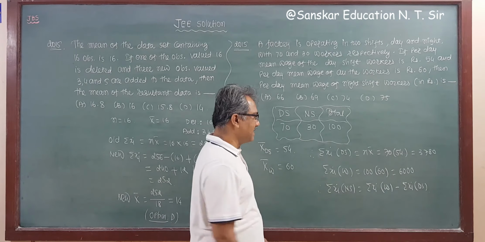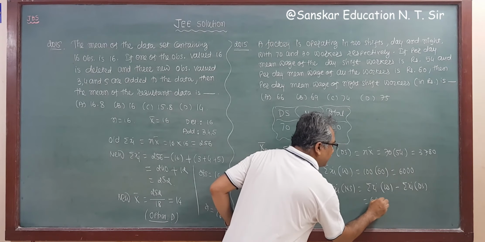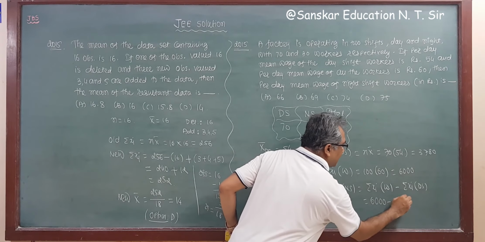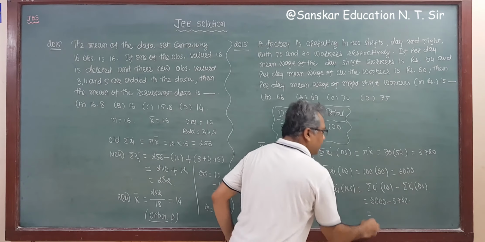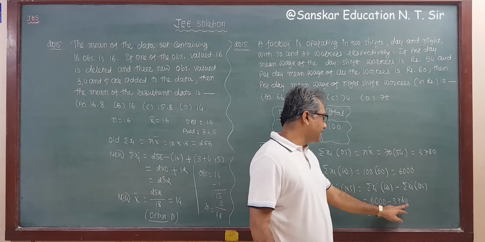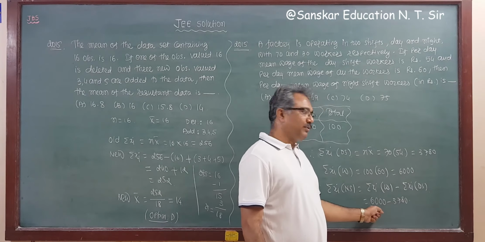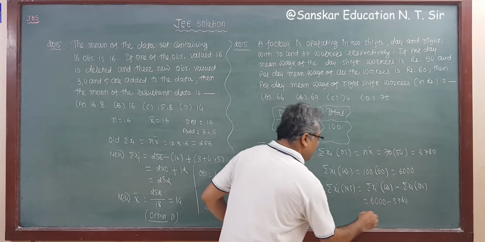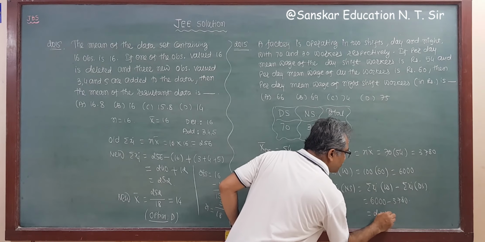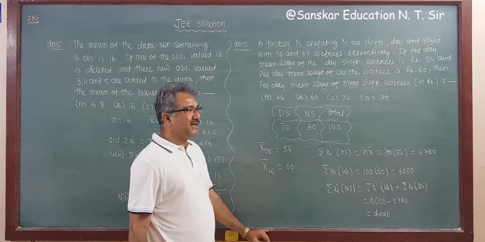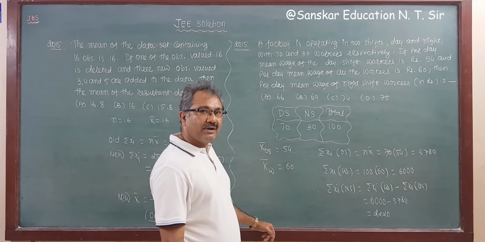Sigma xi for day shift, that is 6000 minus 3780. 3780 plus 20 is 3800 and then 2200. So 2220. So this is 2220, sigma xi for night shift.